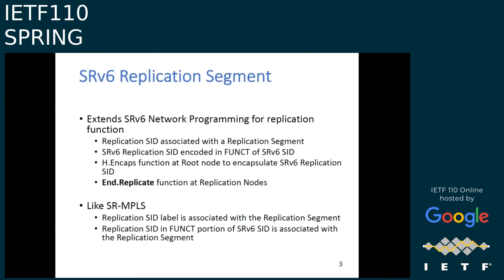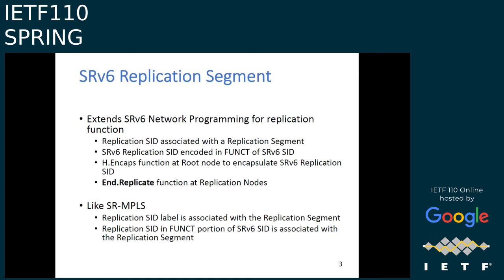So really the update here is very simple. We just decided to add SRv6 to the replication segment. More precisely, we added the N replicate function that you can see in the first paragraph, in compliance with the network programming framework that is now an RFC. But really what it means is nothing different from the mechanics of the SR-MPLS version of the draft. The first 3 versions covered SR-MPLS.